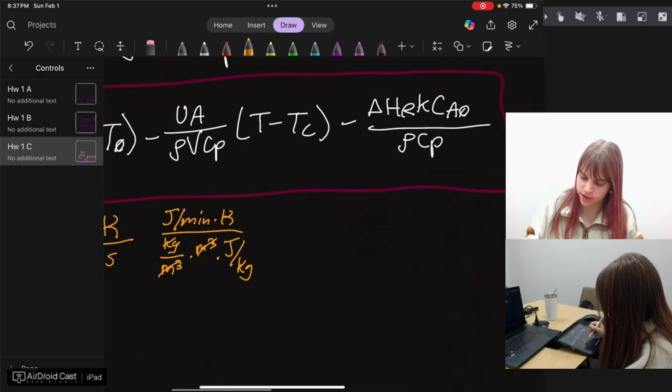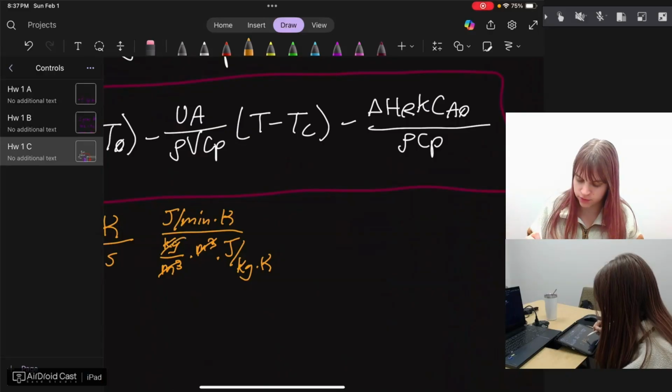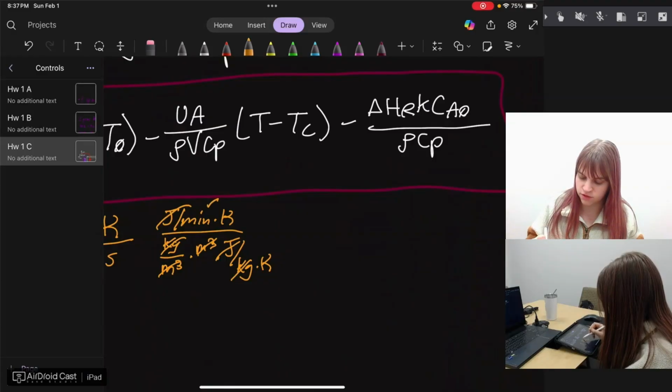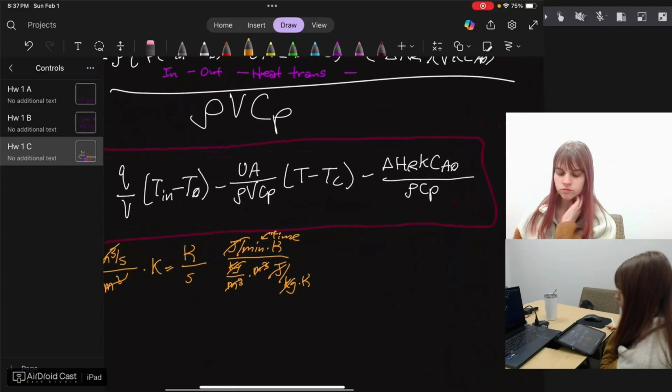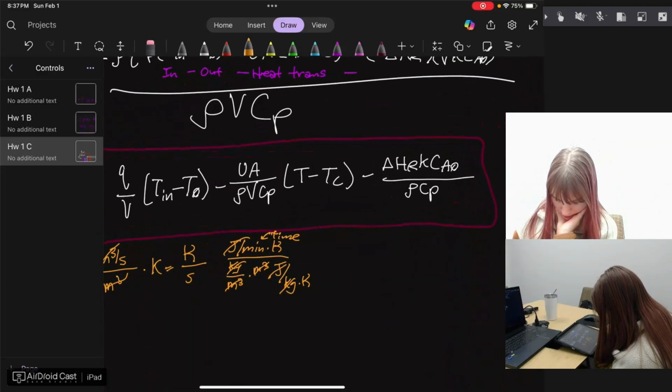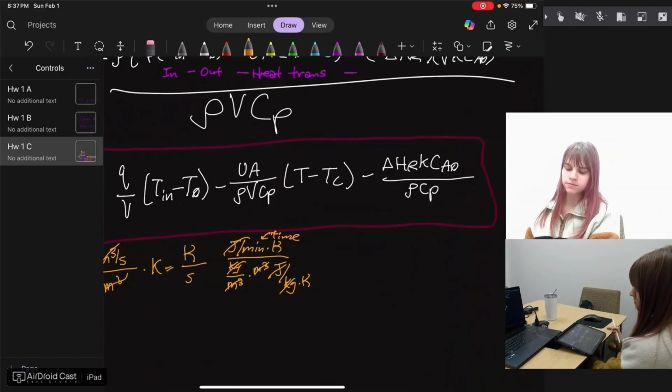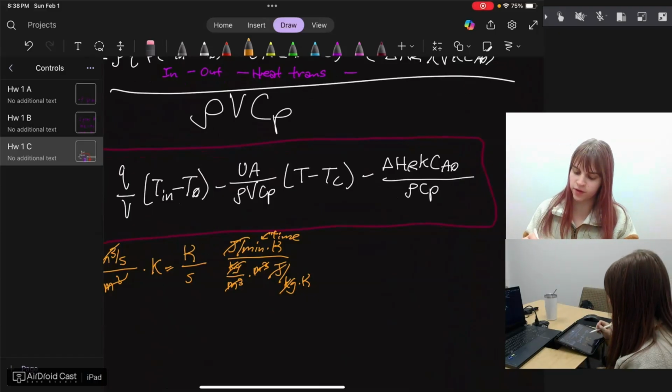So I'm going to write kilogram just so we can cancel out what I wrote for the density. And again, this is just time. Oh yeah, okay.